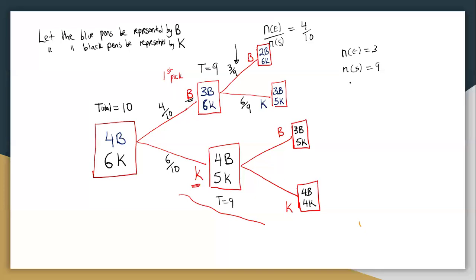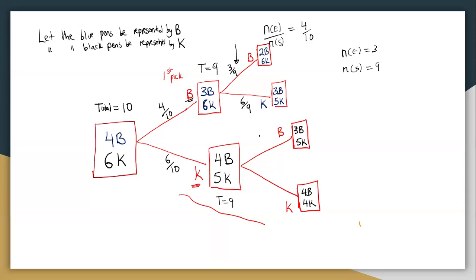Why the 9? Because here we are picking and not replacing. The moment you pick the ball, you don't place it back in your bag. You remove it completely. So meaning that the balls are going to keep on reducing. So that's why you are seeing that there is a reduction in the total sample space.